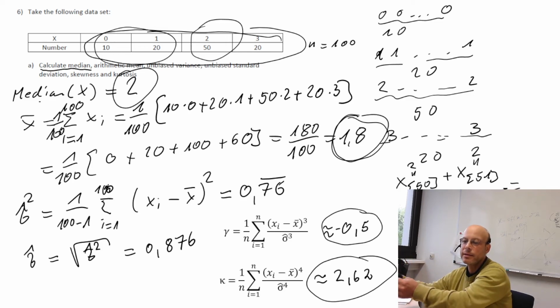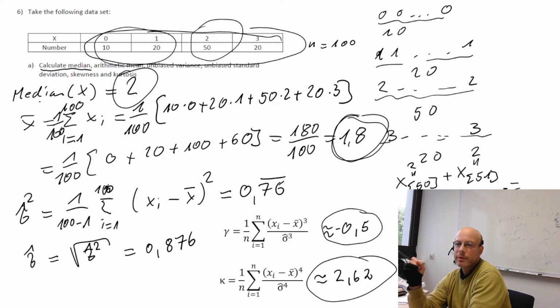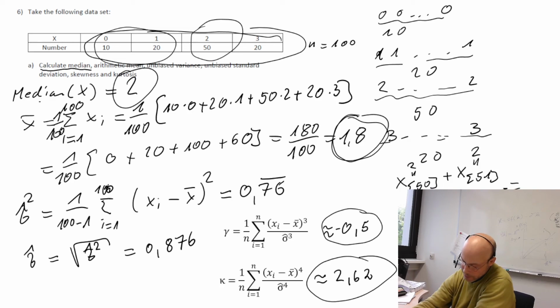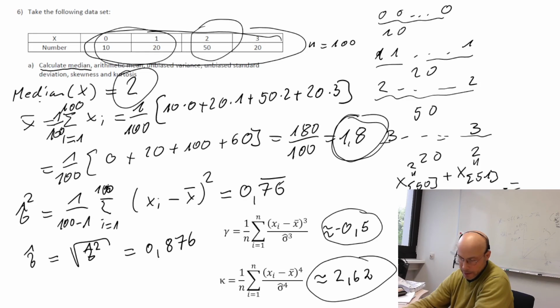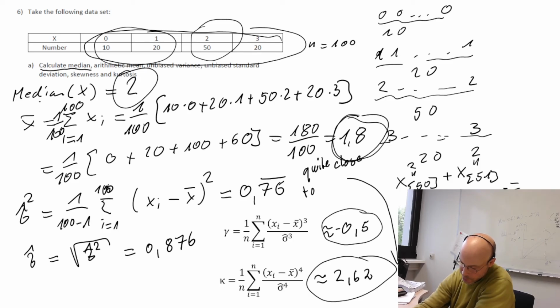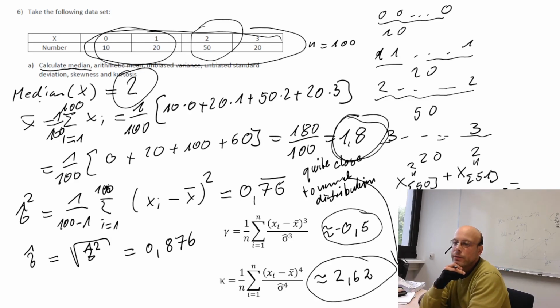So in this case, with respect to the value of kurtosis, we are quite near the normal distribution, quite close to normal distribution, because the kurtosis of the normal distribution is just 3.